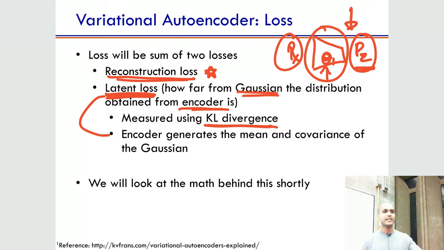If I can generate the mean and variance of z, then it's a Gaussian distribution. I know the mean, I know the variance, so I can get a sample and then pass the sample to the decoder. This is how I'm introducing the randomness. From a given x, I can get to the mean and variance of z. For different x's, maybe there are different means and variances, but given the mean and variance, I can sample, and then I can decode it.